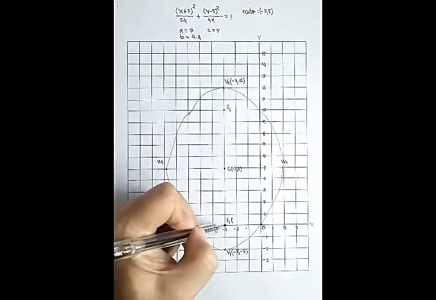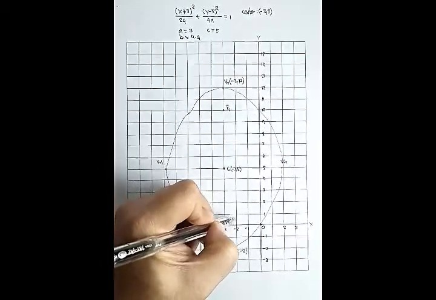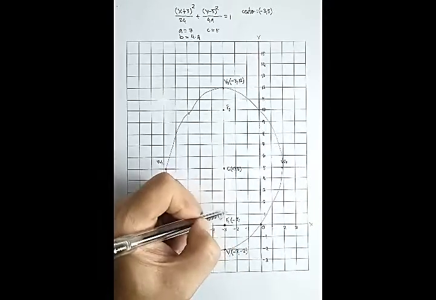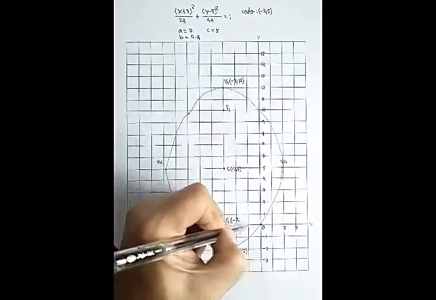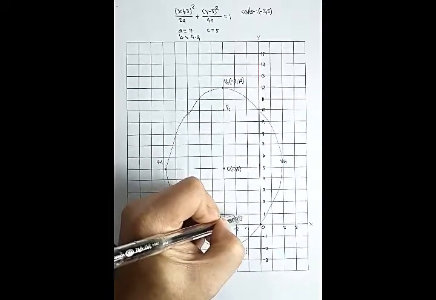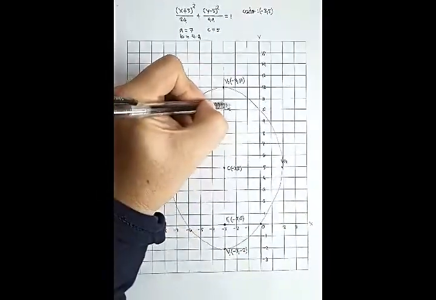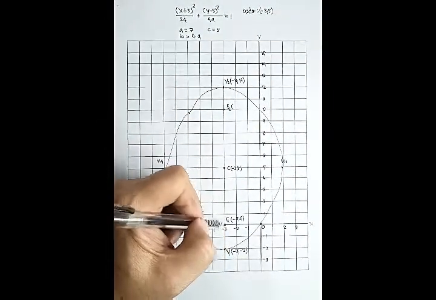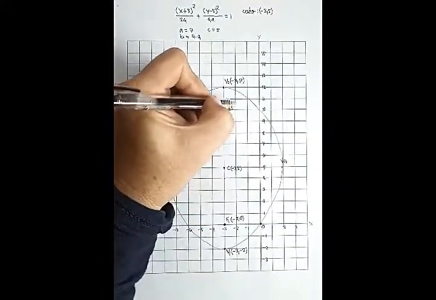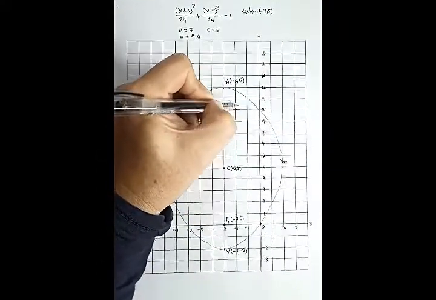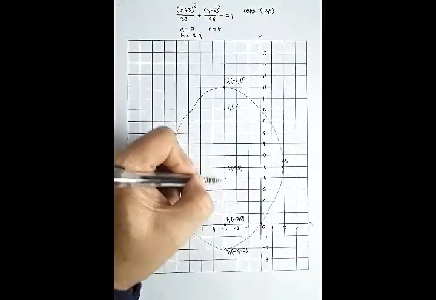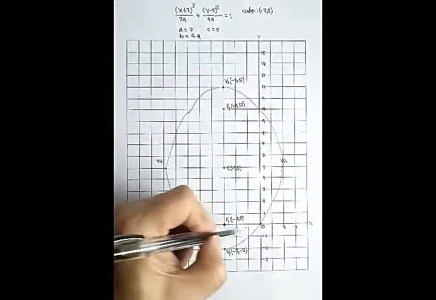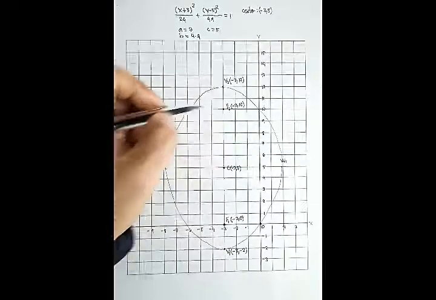So atong F1 is at -3, and along the y-axis it is 0. Then atong F2 it is -3 and then 10. So it is at -3, 10.